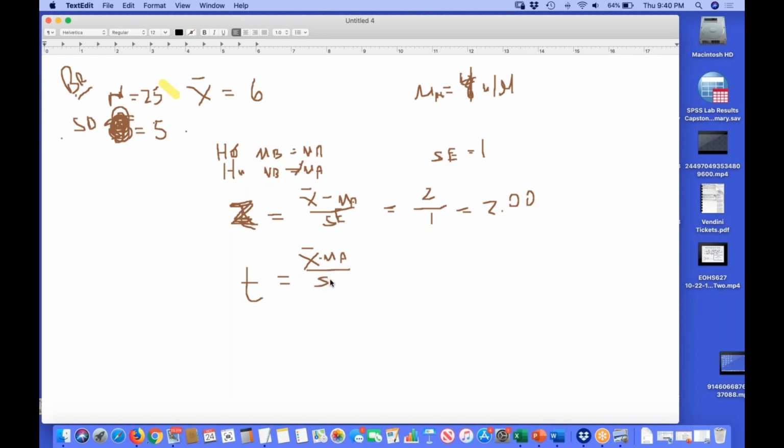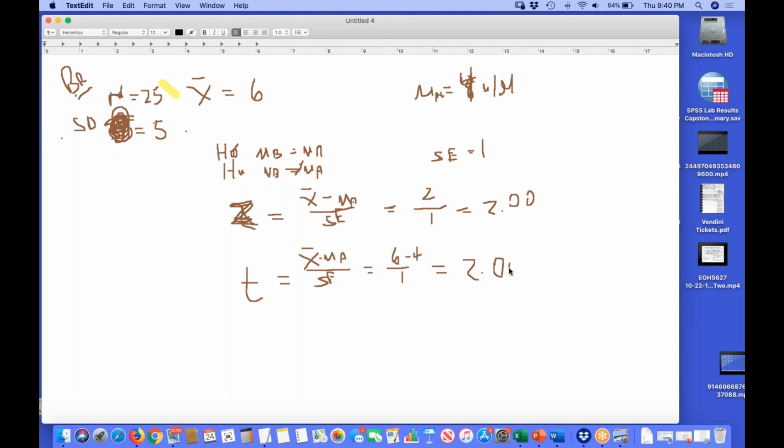We're going to do exactly the same thing now, except this time it's 6 minus 4 over the standard error. Standard error is the standard deviation, which is 5, over the square root of the sample size, which is 25. 5 over 5 is 1. So the t-score comes out to be 2.0.